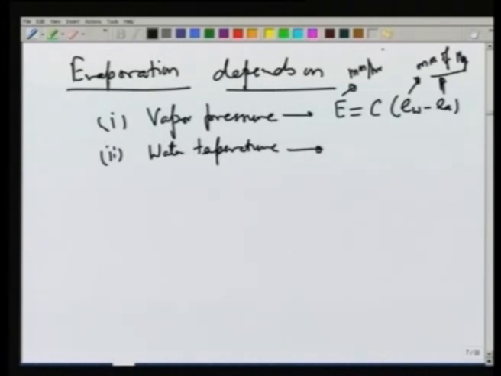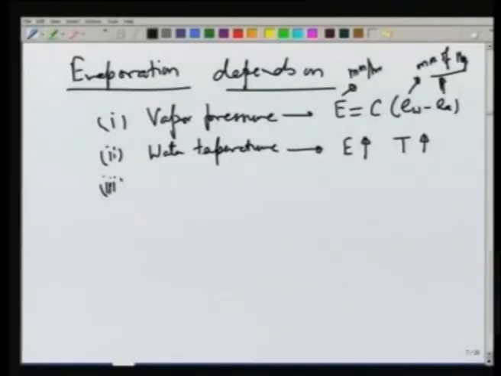Regarding water temperature, E is increasing as water temperature increases. So, E is directly related to the water temperature. As T increases, E also increases. Then the next factor, as we discussed, is wind speed.